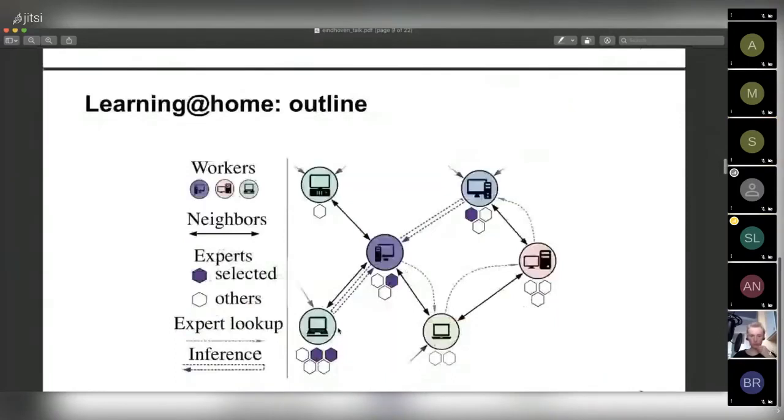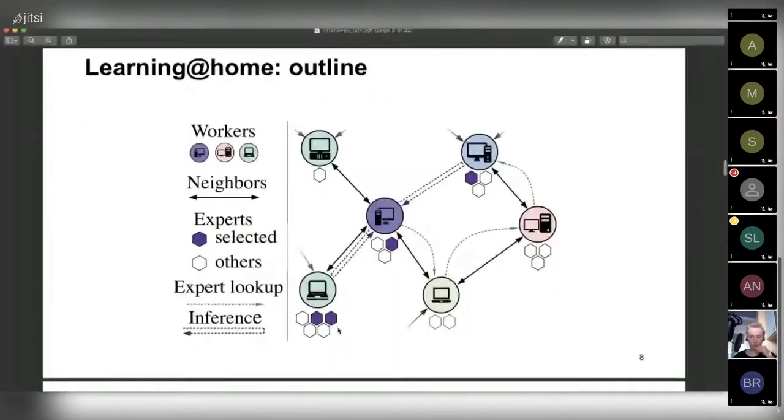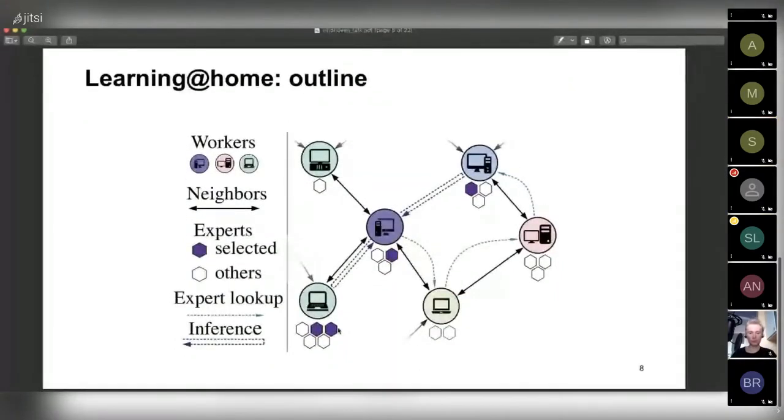Now, the approach we propose in our paper is called Learning@home. It's outlined by this figure. So basically, the approach is as follows. We have a large neural network, which is composed of several experts, of smaller subnetworks, basically. And for any specific training example, you only need a fraction of these experts.